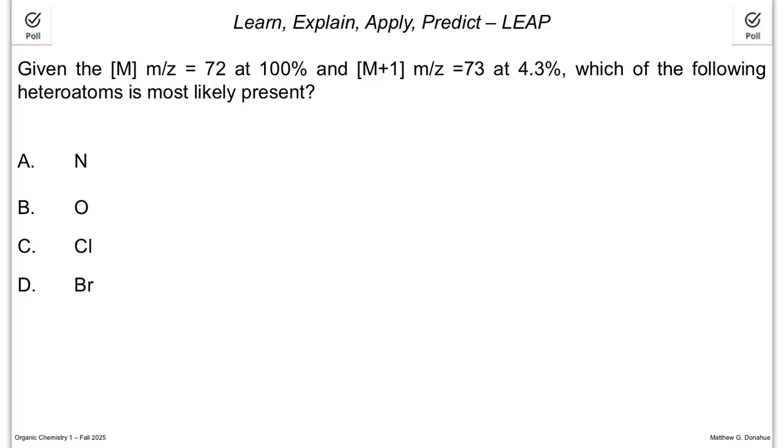So given that data, which heteroatom is most likely present? So we're going to run with oxygen again.